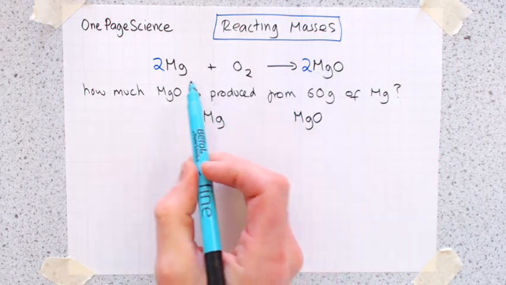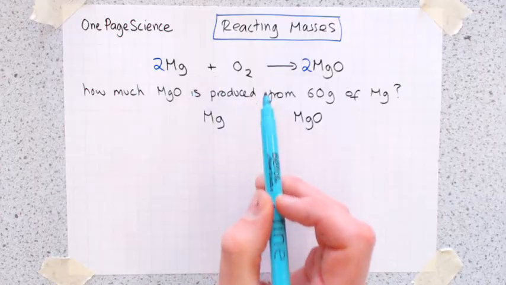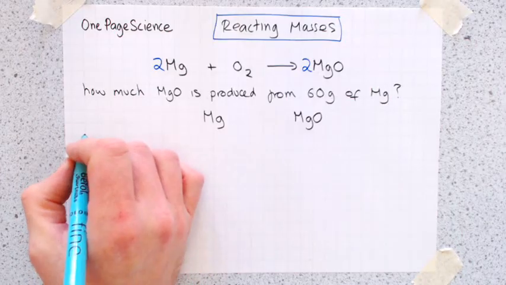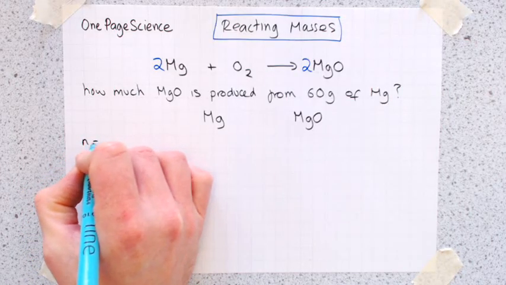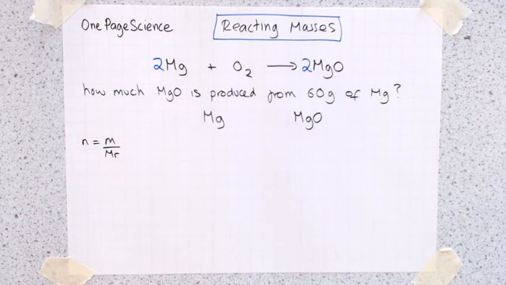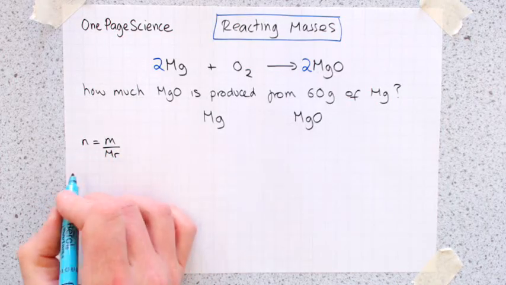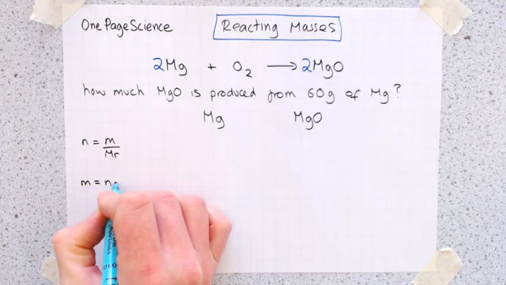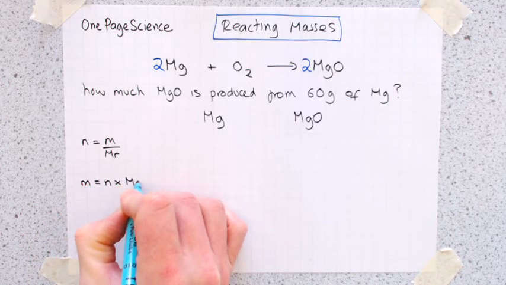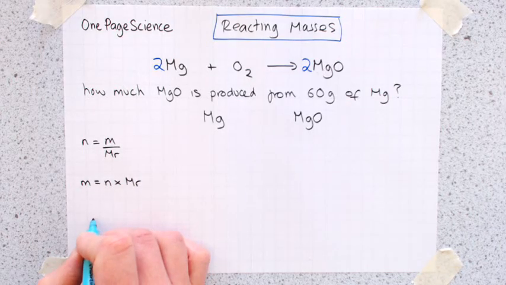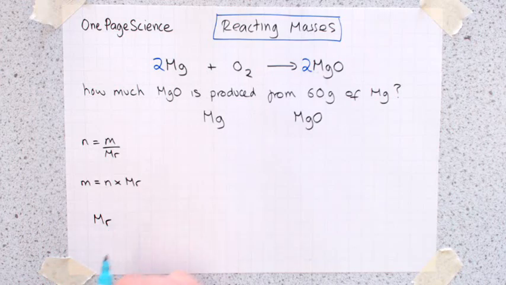Notice the 2s in front we're not using at the moment; we'll come to them later. Then we use our equation from previous videos: number of moles equals mass divided by relative mass. You can rearrange that for mass equals number of moles times the relative mass. The last row is Mr, relative mass.